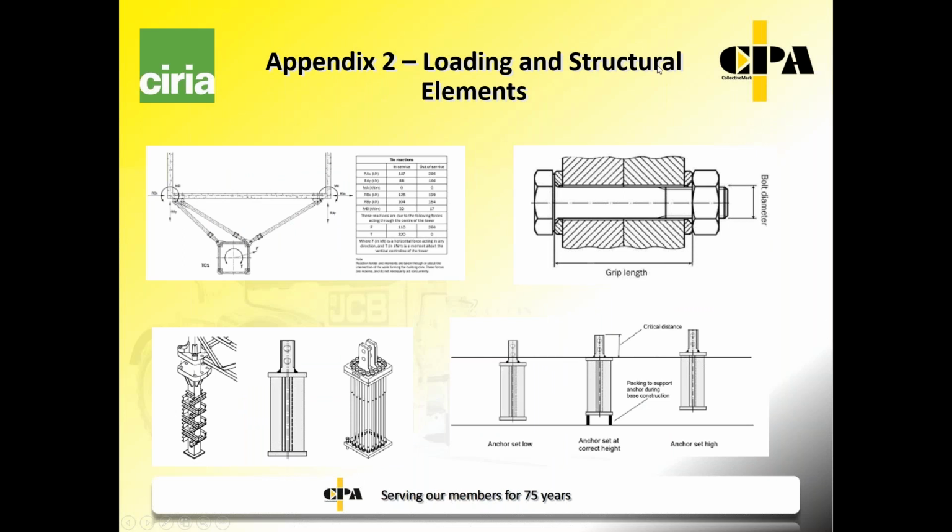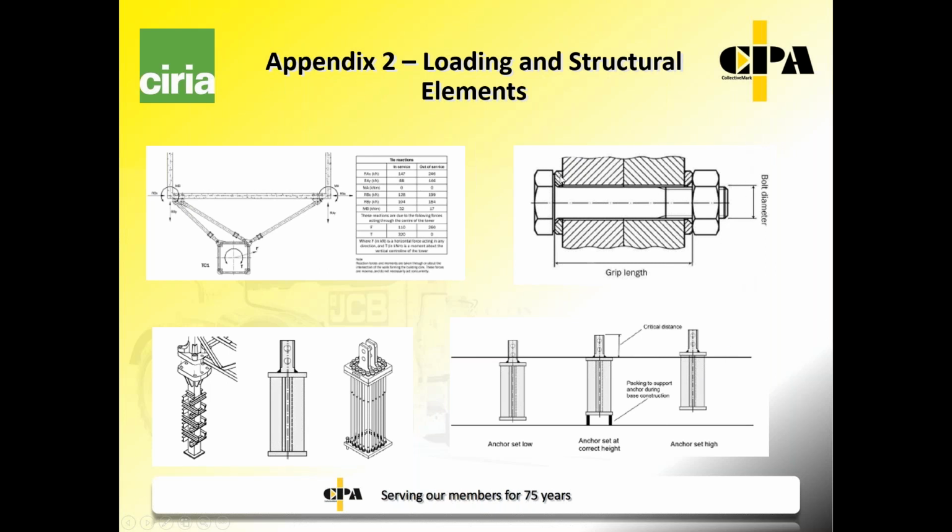Appendix 2 talks about loading of structural elements, the various types that there are, types of ties, types of cast-in foundations, the importance of getting cast-in foundations set at exactly the right height, not too low and not too high.